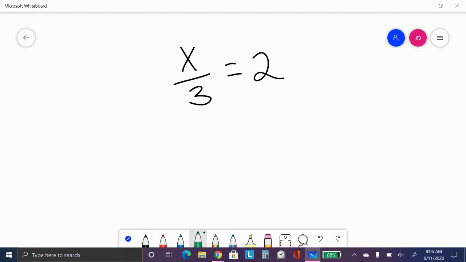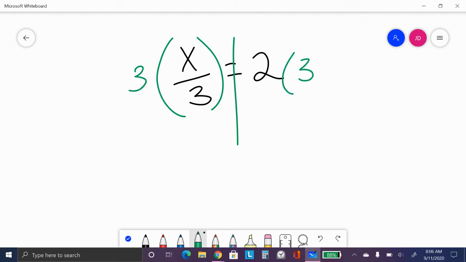In this case, in order to balance it, we have to deal with x over 3. A fraction bar means it's divided. So the opposite of dividing is multiplying both sides by 3. And these would cancel out, and you get x equals 6.